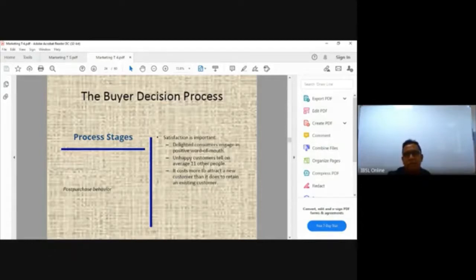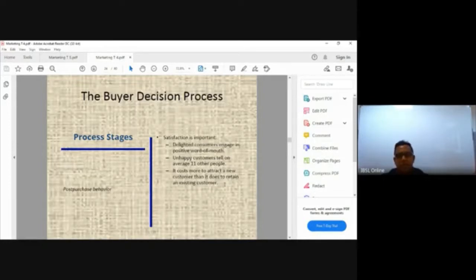At the same time, delighted, happy customers will also create good, positive word of mouth. But we as bankers will have to remember that it costs more to attract new customers than to retain an existing customer.